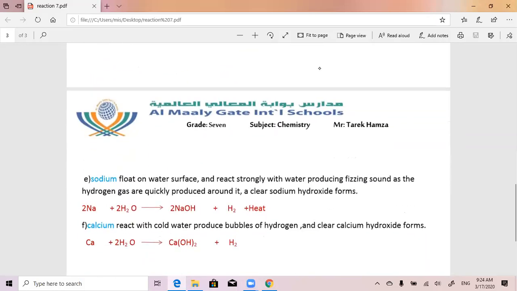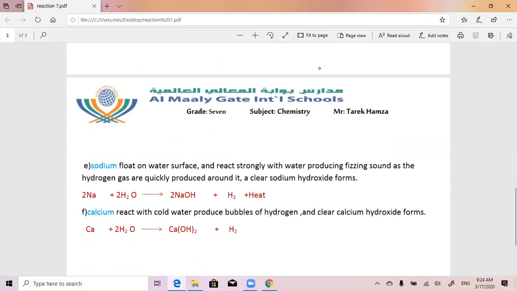Sodium also floats on the water surface and reacts strongly with water, producing a whizzing sound, as hydrogen gas is quickly produced around it and clear sodium hydroxide forms.